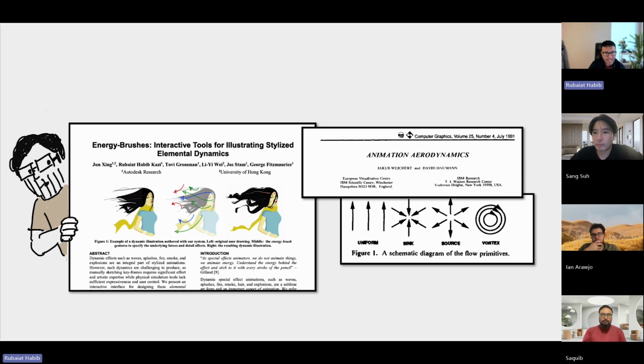And we were also having trouble using the Navier-Stokes equation at the early stages, but I remember my colleague at the time pointed out this very old SIGGRAPH paper that approximated animation aerodynamics using very simple flow primitives. So that is a great example of abstraction, right? A complex physics simulation into primitive atomic blocks, which we took inspiration from and designed energy particles.